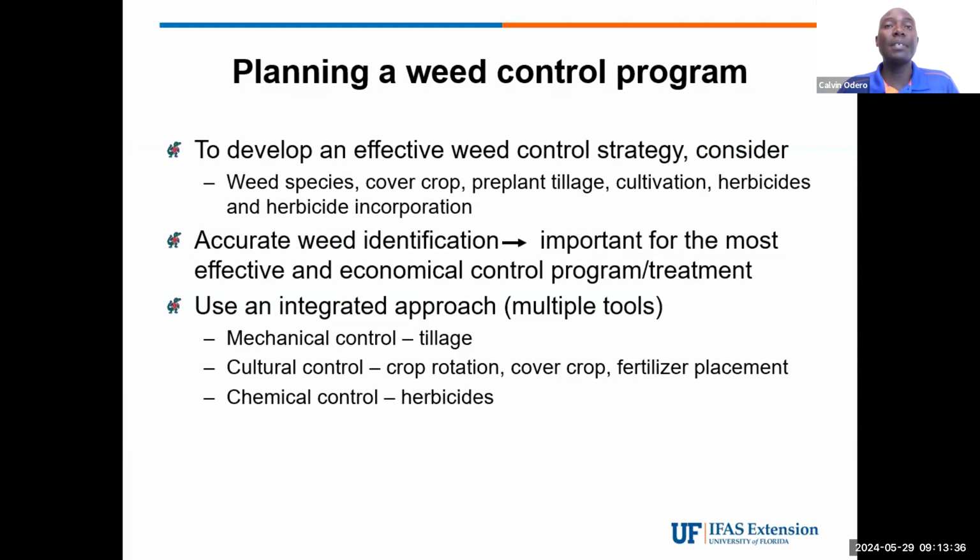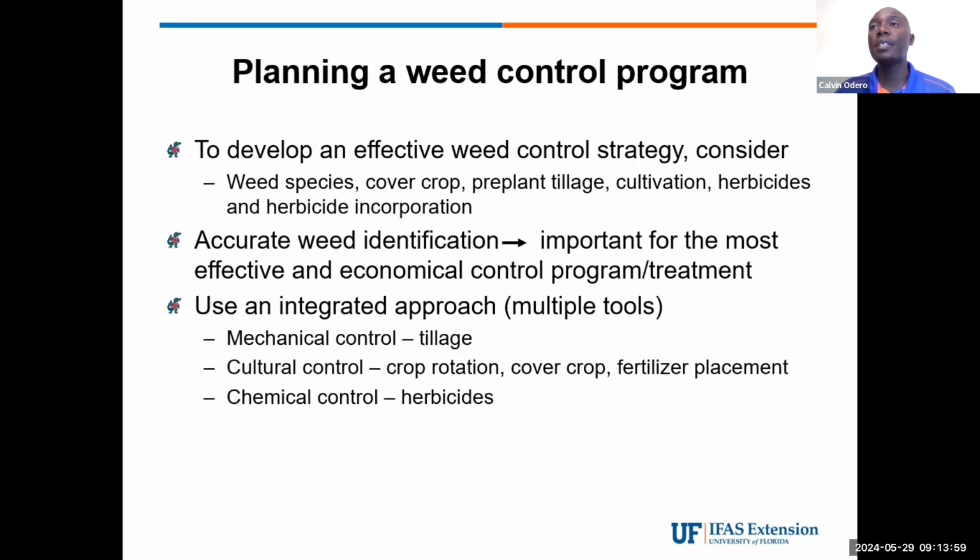Consider things like if you have used a cover crop, how are you going to get rid of the cover crop? Things like pre-plant tillage, the herbicides that you're going to use, and even herbicide incorporation if they are going to be pre-emergence herbicides. And then also ensure that you conduct accurate weed identification, which is very, very critical.